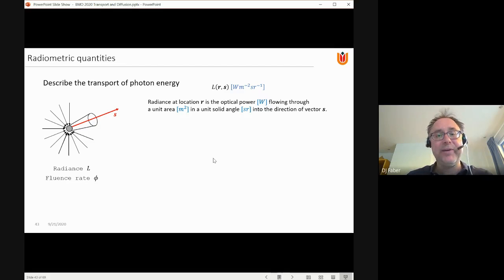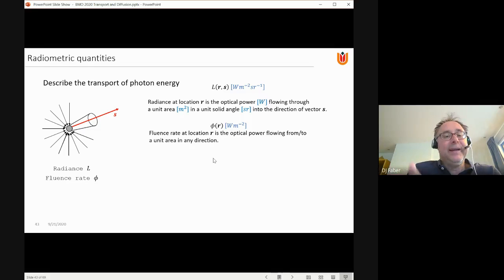Power through an area is still watts per square meter, but since we're also evaluating in a small cone, it adds the unit per steradian. So the radiance has units of watts per square meter per steradian.